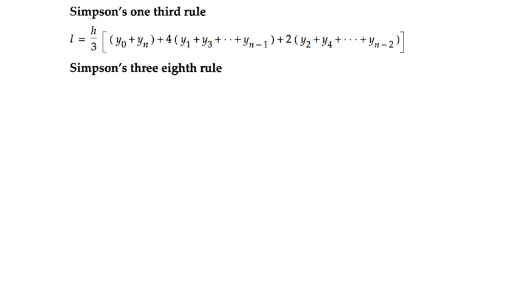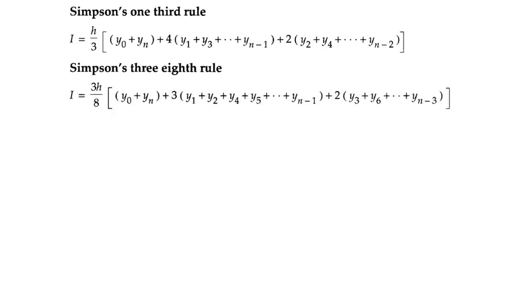Next technique is Simpson's 3/8 rule. Let us see the formula here. Here what is the change? Here we have 3h by 8, first value plus last value, plus 3 into, here you just observe how we have taken continuously y1, y2, then y3 is missing, y4, y5, y6 will be missing, then y7, y8, y9 will be missing.